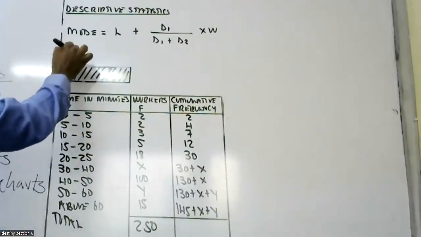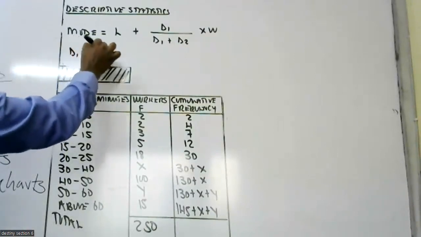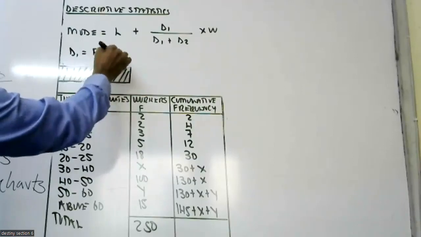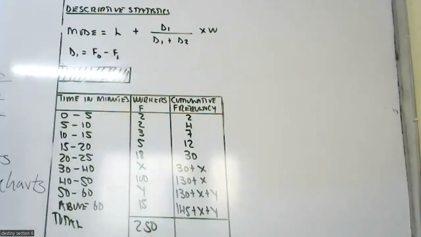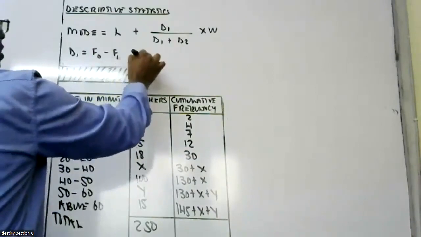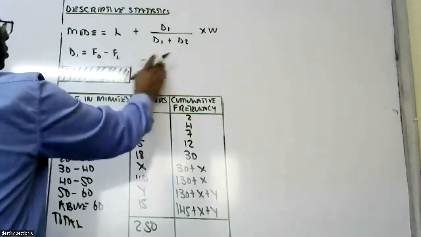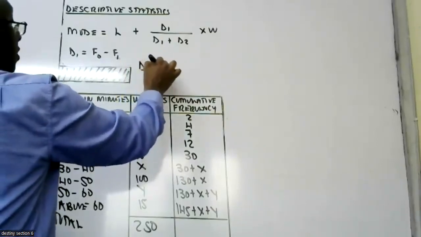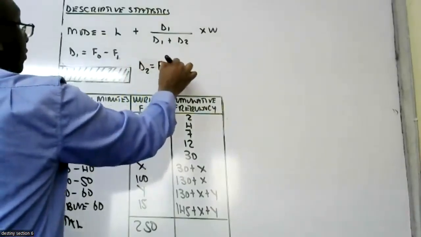And remember, D1 is F0 minus F1, where F0 is the highest frequency. And D2 is F0 minus F2.